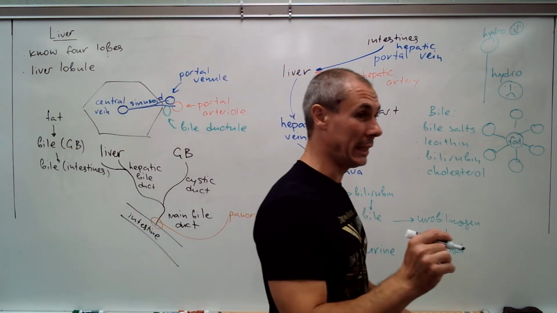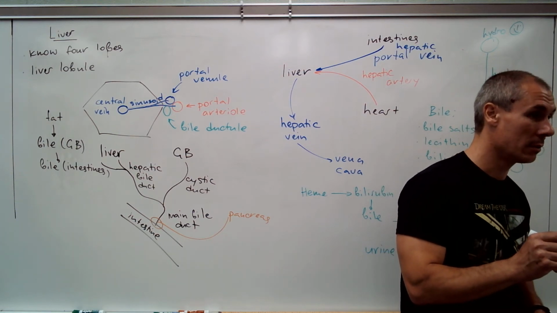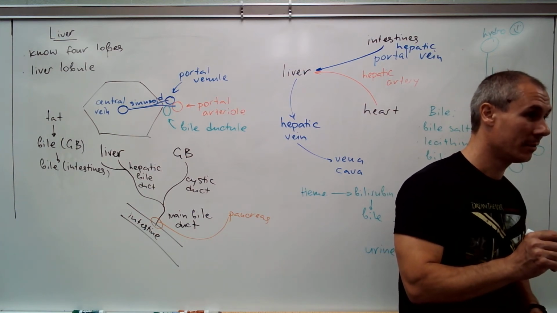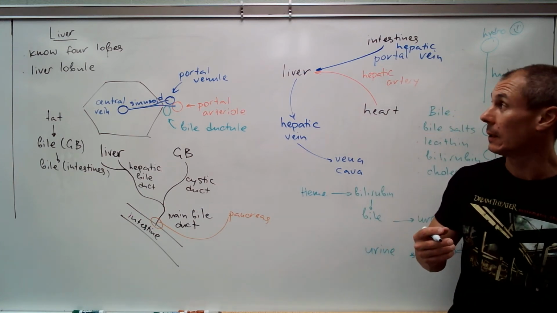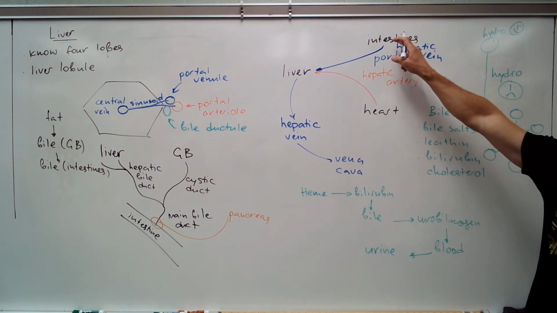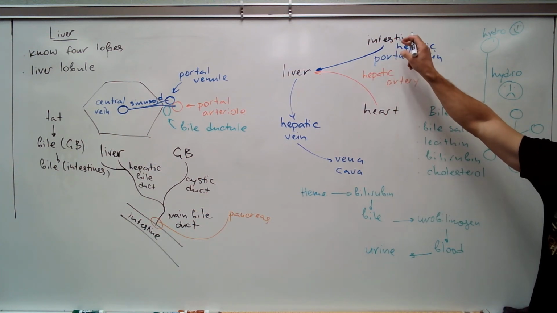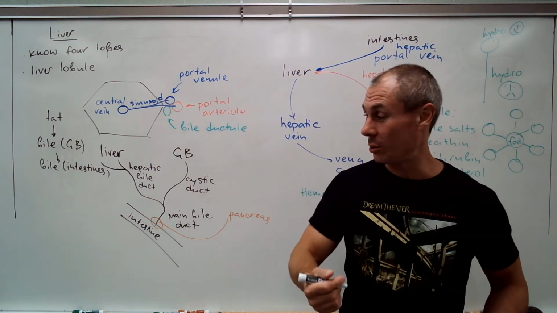Turns out your blood can easily absorb bile salts. Am I clear? Blood can absorb bile salts. Blood absorbs bile salts in the intestine and via hepatic portal vein delivers those bile salts to the liver.